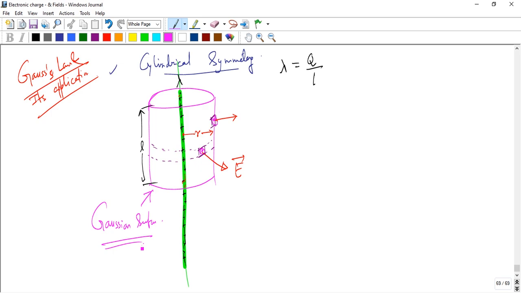We must choose the Gaussian surface very carefully, because the radius is r in all directions.